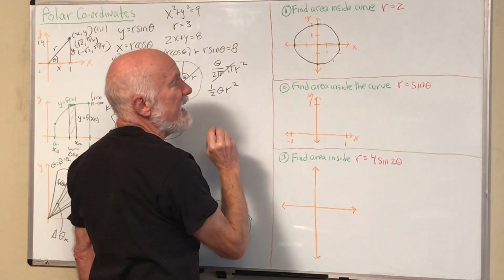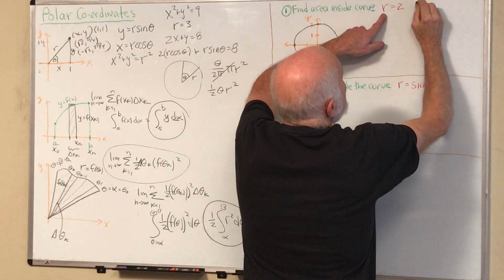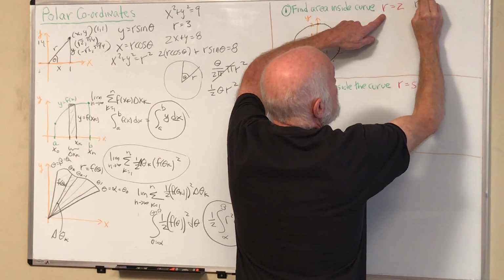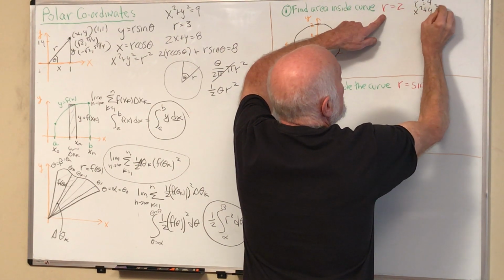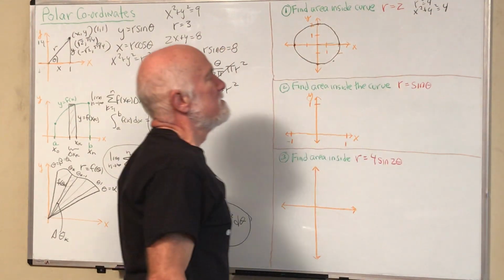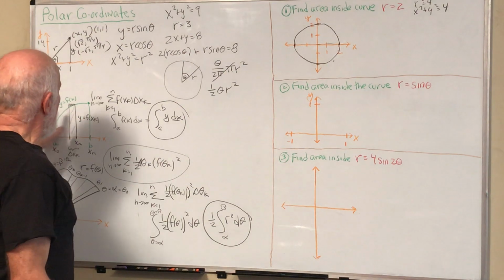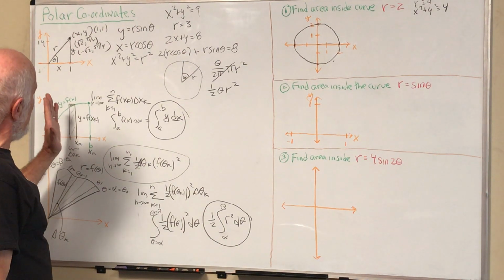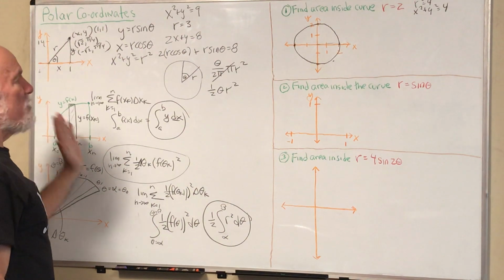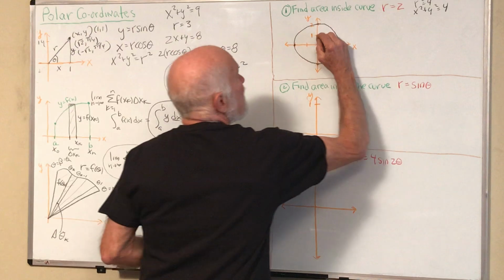Another way of looking at it is you could square this and get r squared equals 4, so you have x squared plus y squared equals 4. In any case, you've got that circle. Now, whenever I've found areas in rectangular, I always drew in my rectangle. What I'm going to do now is draw in my slice of pie.